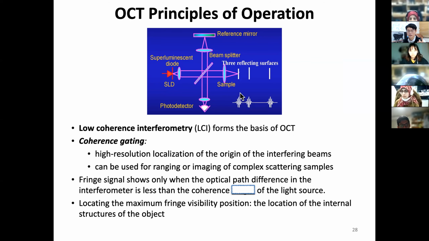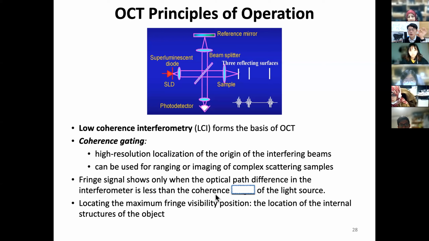Looking at this, what is the resolution to distinguish different layers? It really depends on this packet, or coherence length. High resolution localization of the origin of the interfering beam can be used for ranging or imaging of complex scattering samples. This fringe signal shows only when the optical path difference is less than the coherence length.